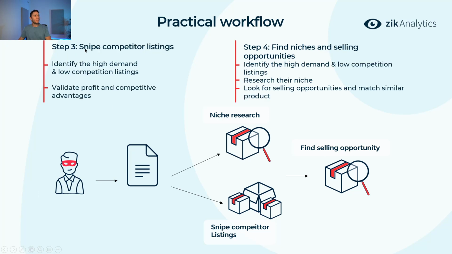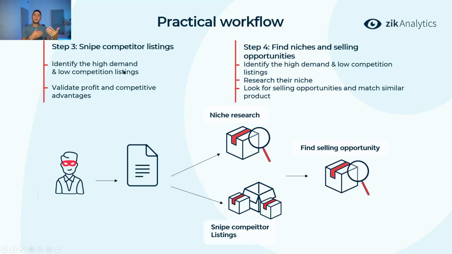So step number 3 is snipe competitor listings. Majority of dropshippers today, what they do, they snipe competitor listings. They go to the competitor, and they are just copy pasting his products. Okay, so in step number 3, when you snipe competitor listings, you identify the high demand, low competition listings.